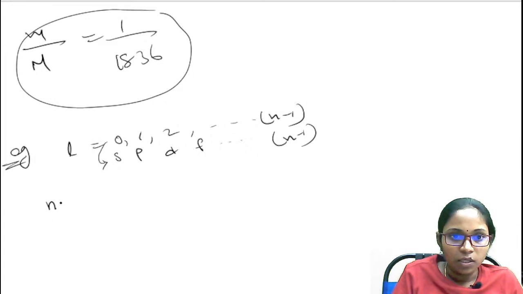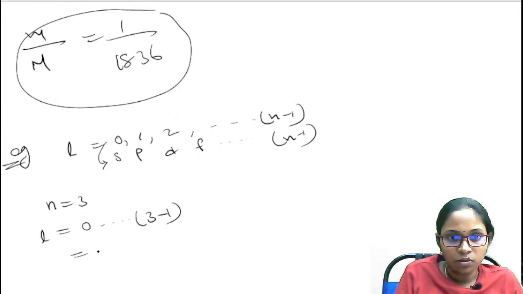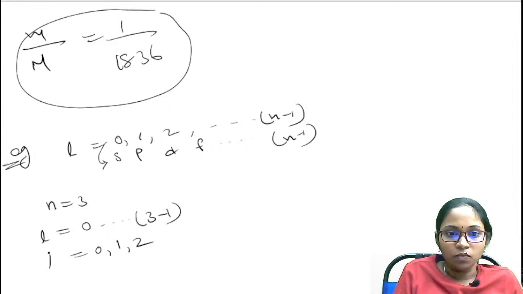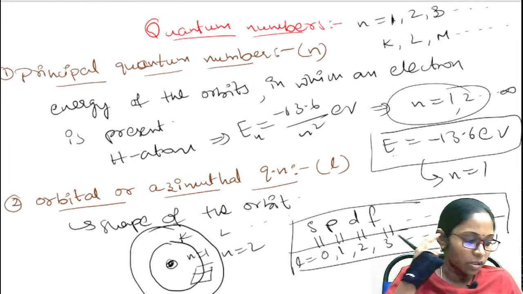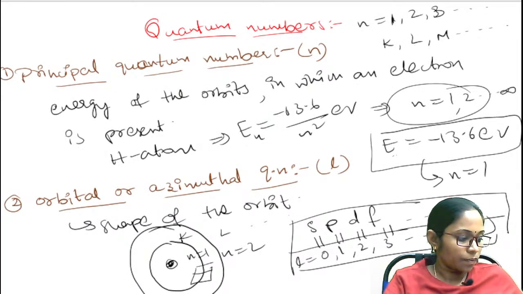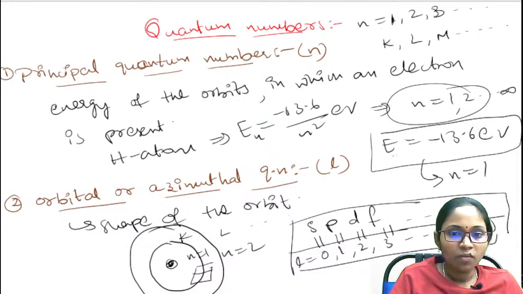For example, for n equals 3, L can take values from 0 to 3 minus 1. That means L values are 0, 1, 2. Here we have S, P, D subshells.